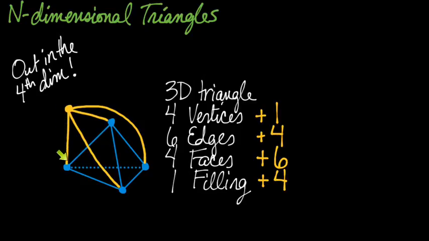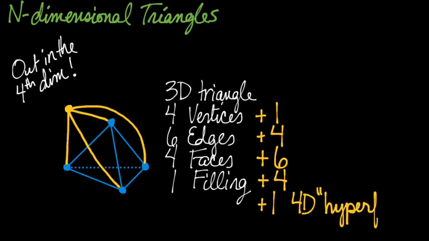Use this gold edge right here, that gold edge right there, and this gold edge right here. Okay, so these 3, ignore the one in front. And that means that this blue triangle that I'm outlining right now becomes the base of the tetrahedron, and so that's an additional 3D filling. You will be able to find 4 different combinations of triangles that didn't used to be there that would fill in volume, and so that makes 4 new fillings.